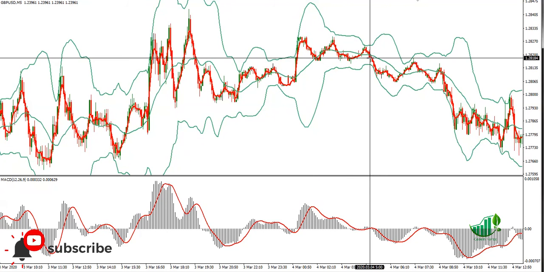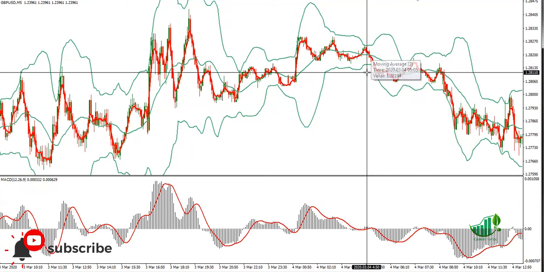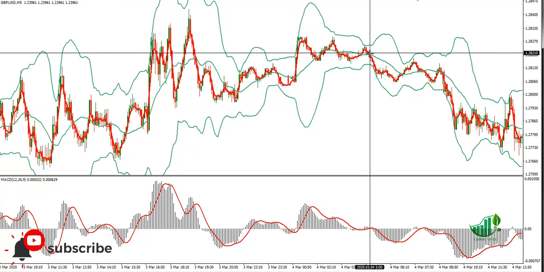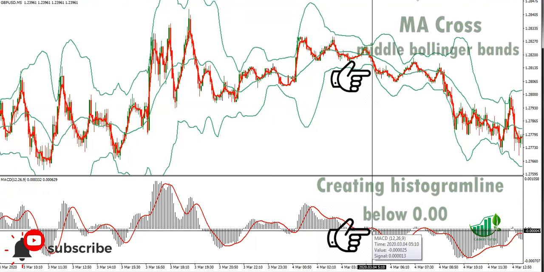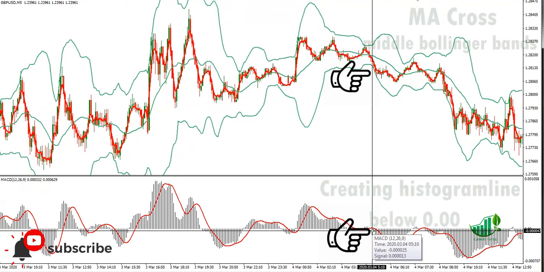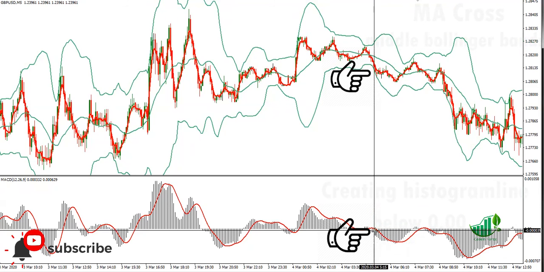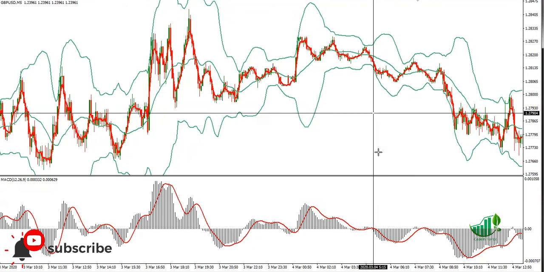This is the perfect example when both your conditions are fulfilled. What are the conditions? The moving average or market crosses the middle line, and at the same time MACD creates histogram below point 0.